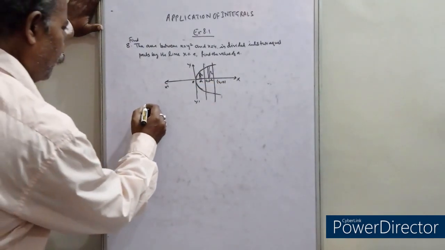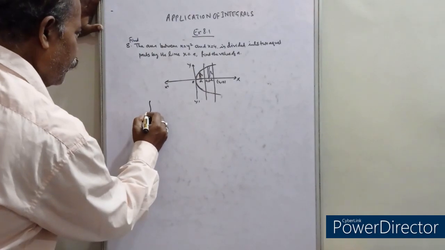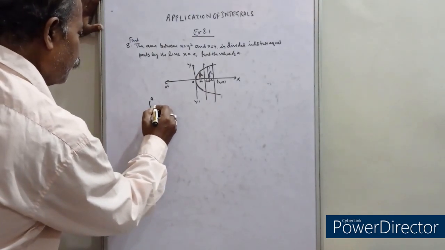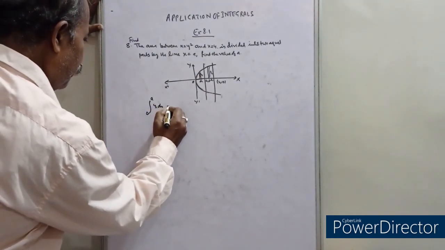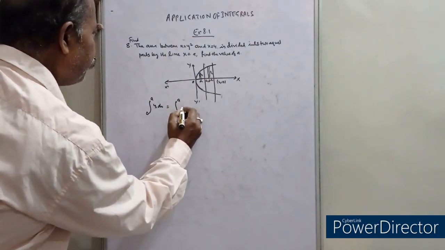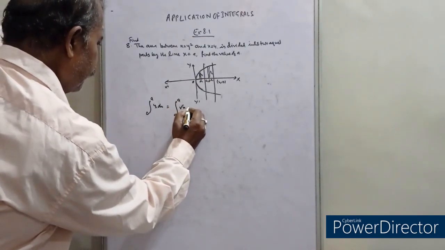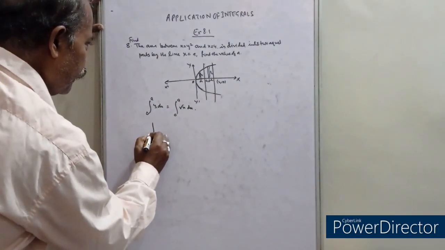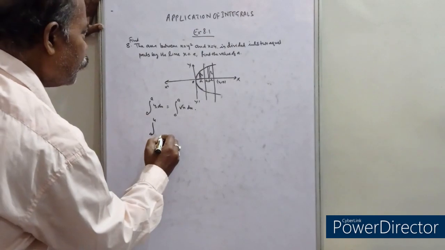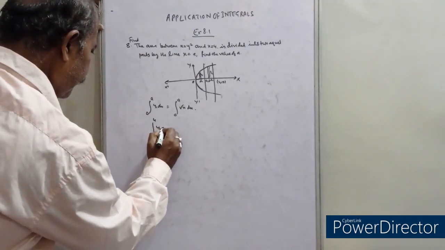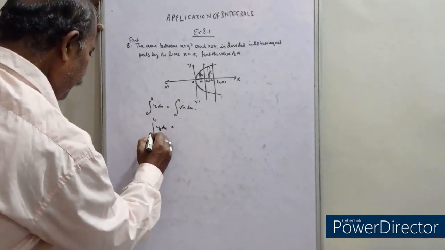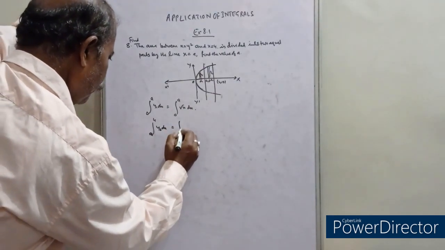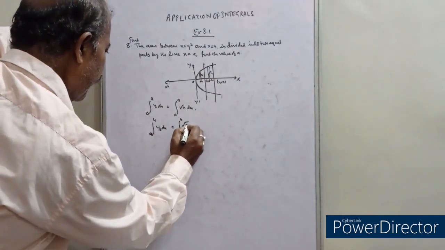So your this will be 0 to a y1 dx, that will be equal to 0 to a root x dx, and another will be from a to 4 y2 dx, that will be a to 4 root x dx.